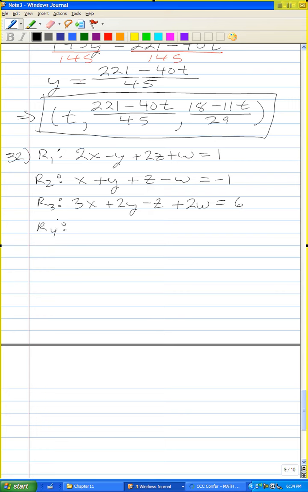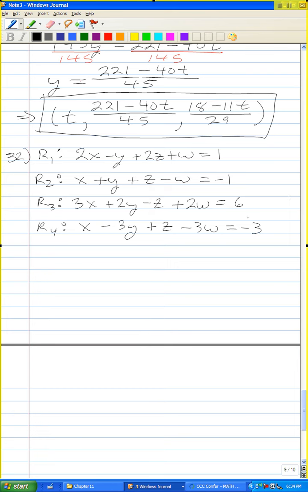R4: x minus 3y plus z minus 3w equals negative 3. Okay, so if I look at this, let me just check if all these are correct. 2, negative 1, 2, 1, 1, 1, 1, negative 1, negative 1, 3, 2, negative 1, 2, 6, 1, negative 3, 1, negative 3, negative 3.